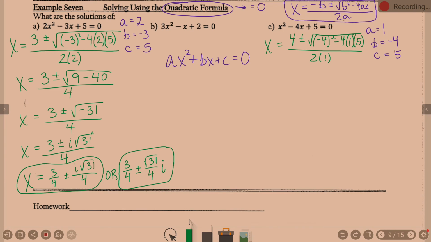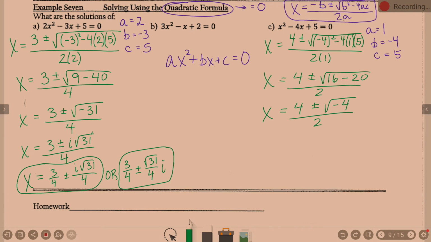So in my square root, I did negative 4 squared minus 4 times 1 times 5, all over 2 times 1. Okay, moving along so I don't run out of time. 4 plus or minus the square root of 16 minus 20, all over 2. 16 minus 20 is negative 4. So now I have 4 plus or minus the square root of negative 4, all over 2.